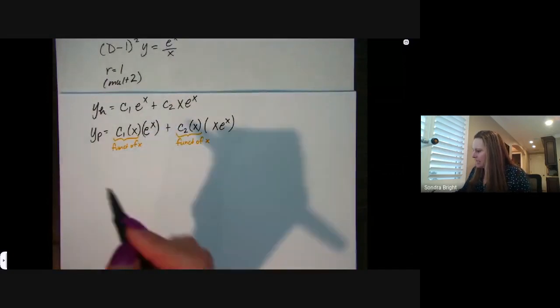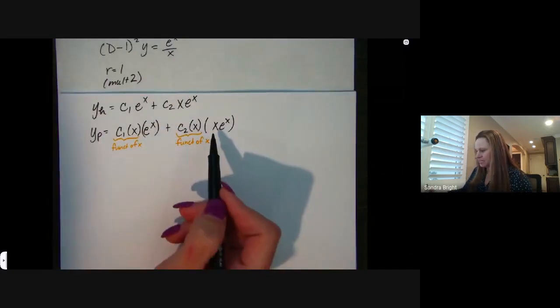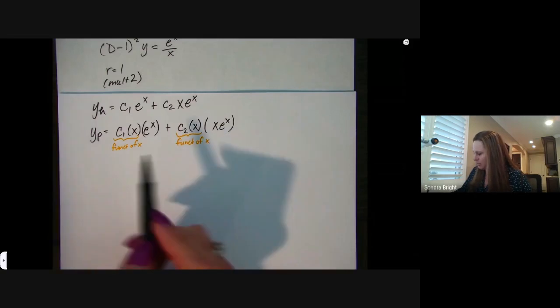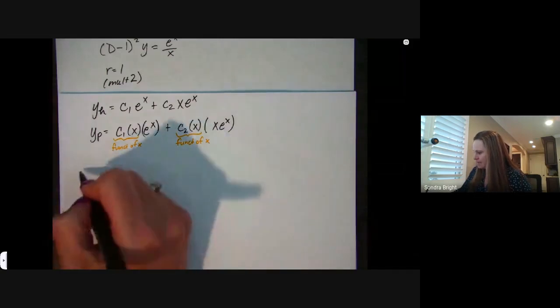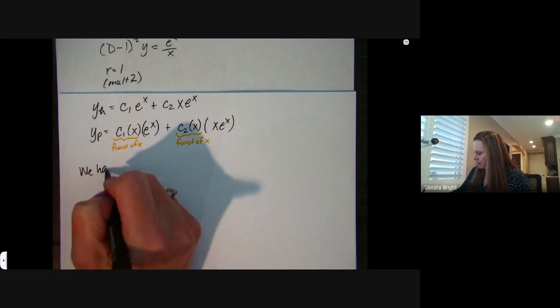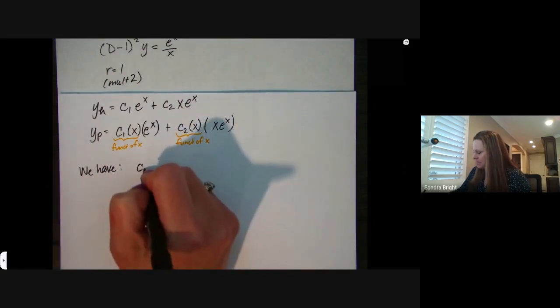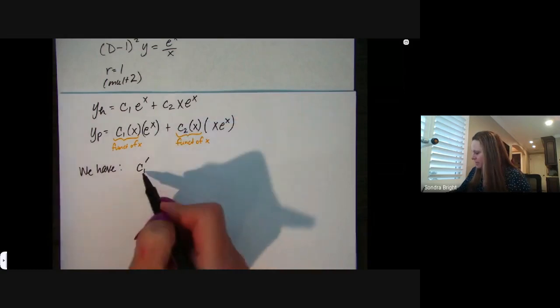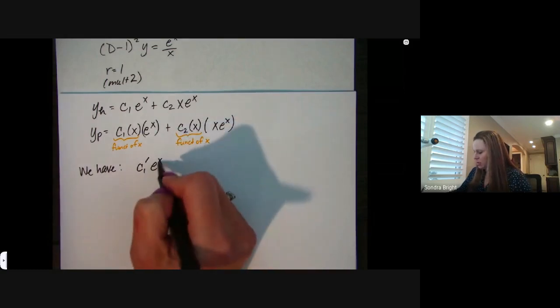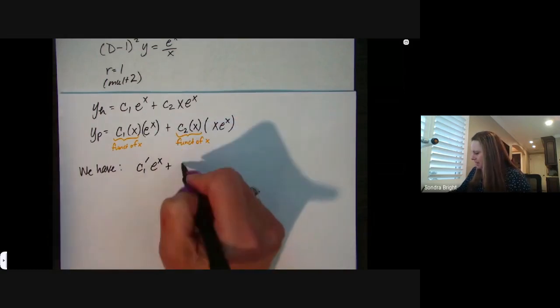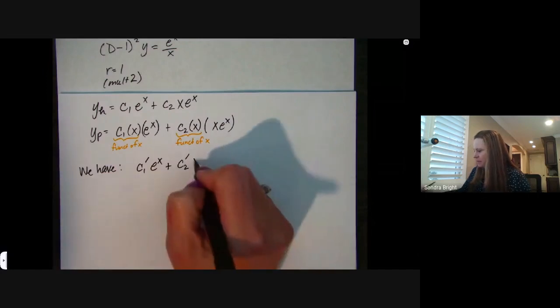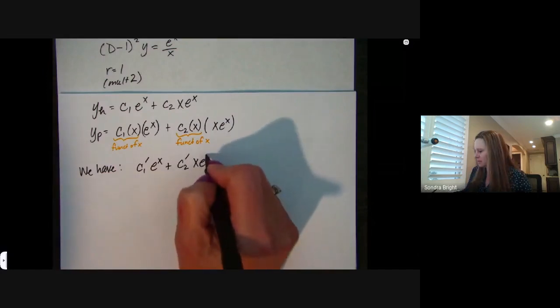Now, it is the particular as long as it satisfies those two equations. So we have that c1 prime, the derivative of this function, times e to the x, plus the derivative of c2 times x times e to the x must equal 0. That's that first equation that it must satisfy.